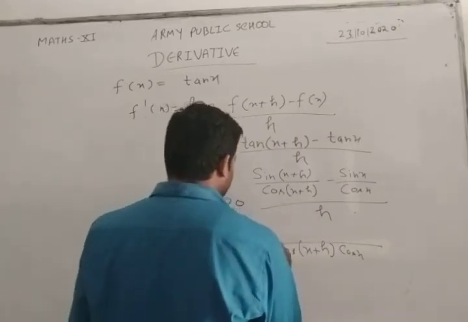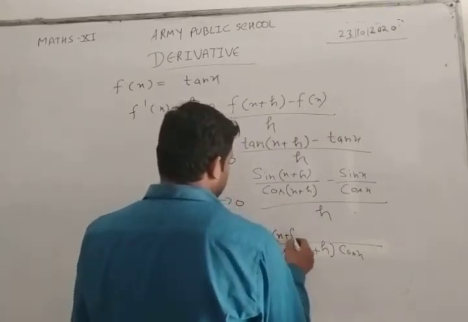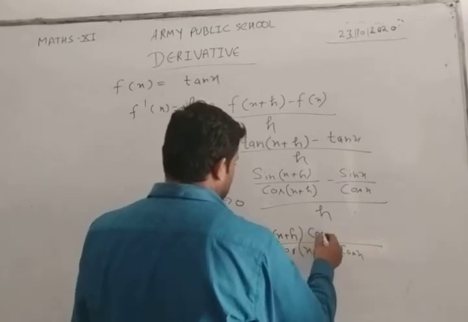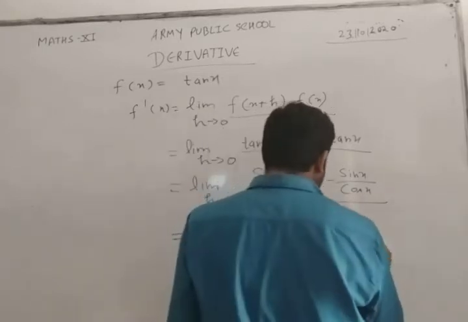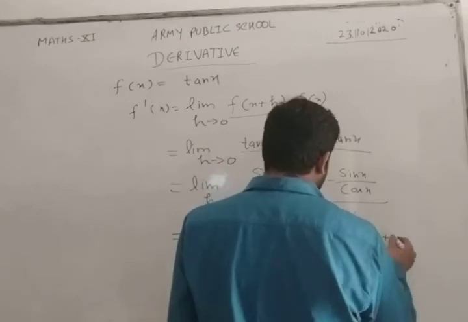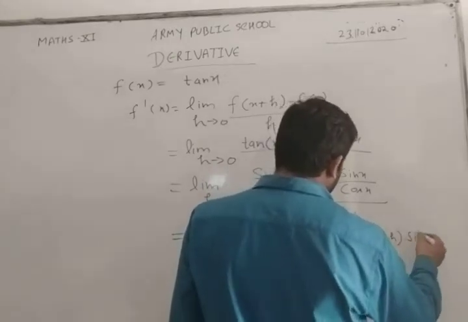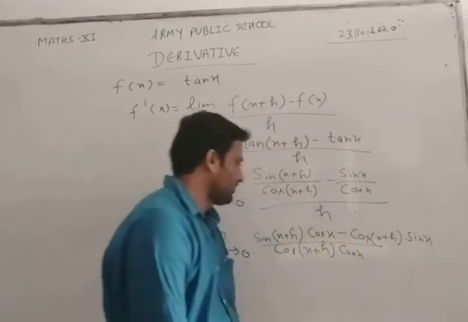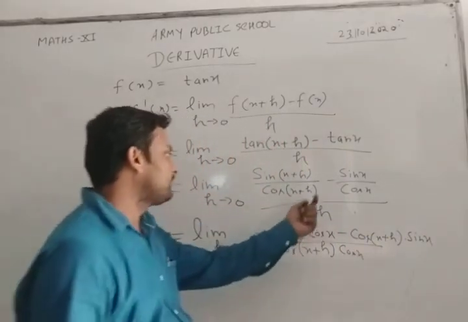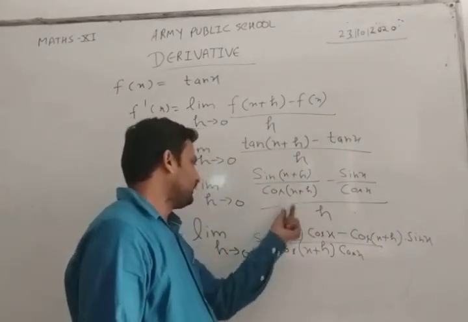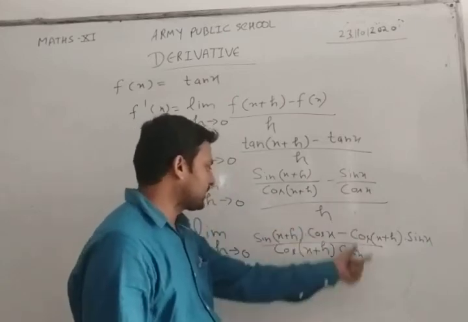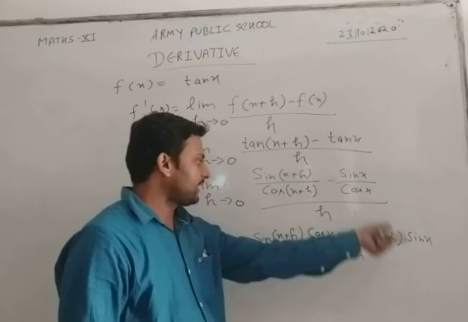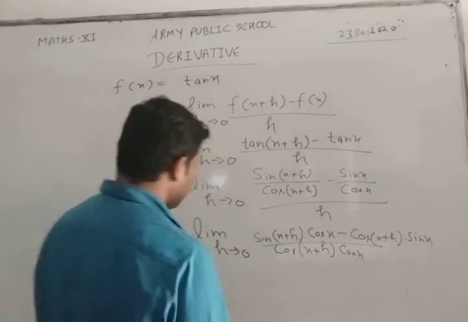We write sin(x + h) cos x minus cos(x + h) sin x. Okay, we have taken LCM of these both. Now see, it is a formula.